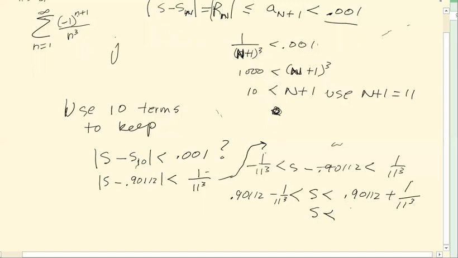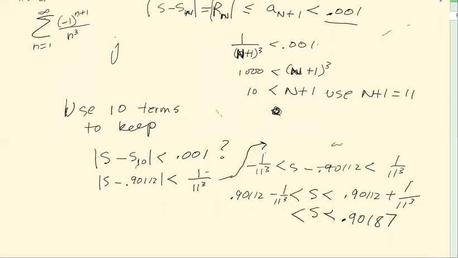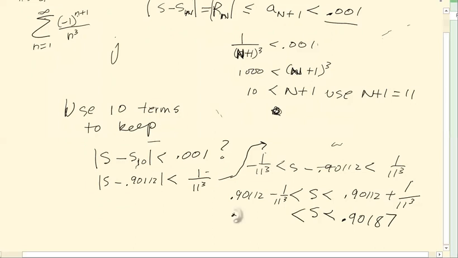So S is less than 0.90187 and greater than 0.900-something.